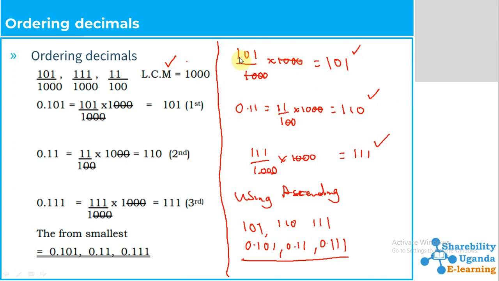We first change them to proper fractions, and then we look for the lowest common multiple which can divide or multiply these. Here we get our 1000, and in our 1000 we get a number which is not in decimals or fractions, and then we can compare which one is bigger or smaller than the other.